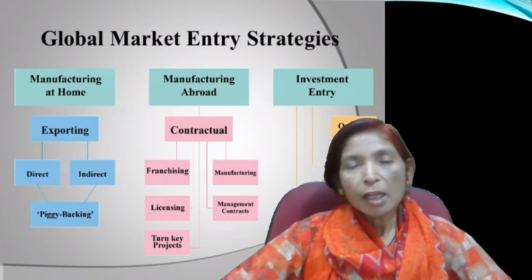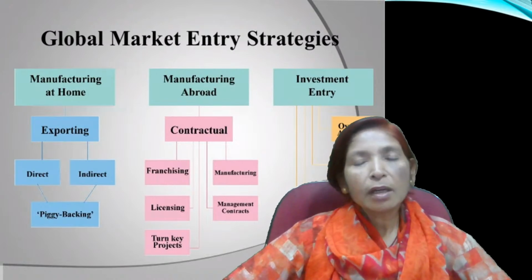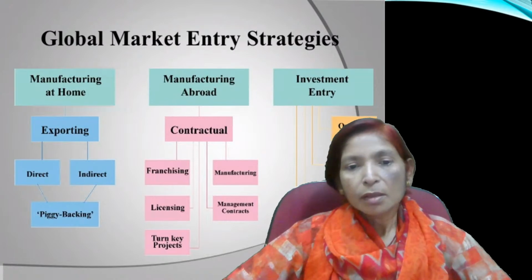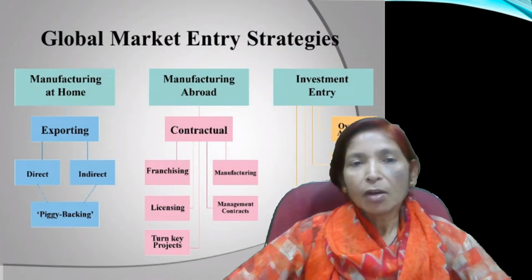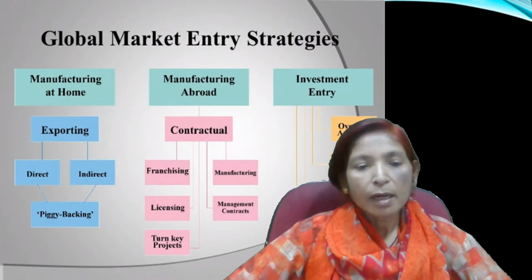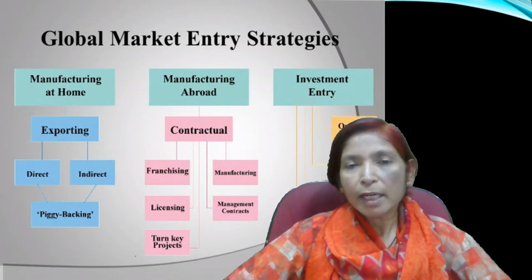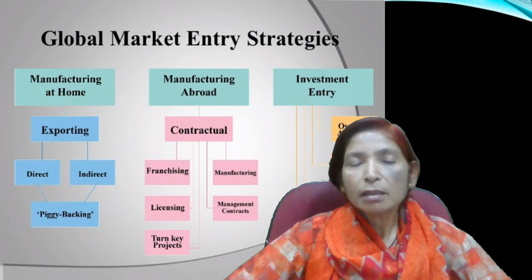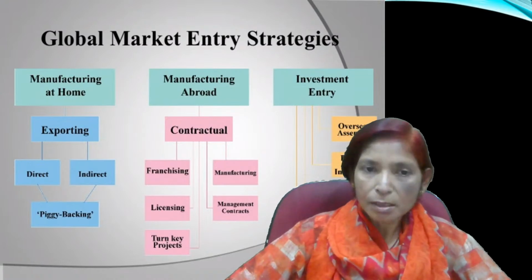Second is if manufacturing is done abroad, but contractually, through franchising, licensing, contract manufacturing, management contracts, and turnkey projects. Through these contractual agreements, you can enter the global market.